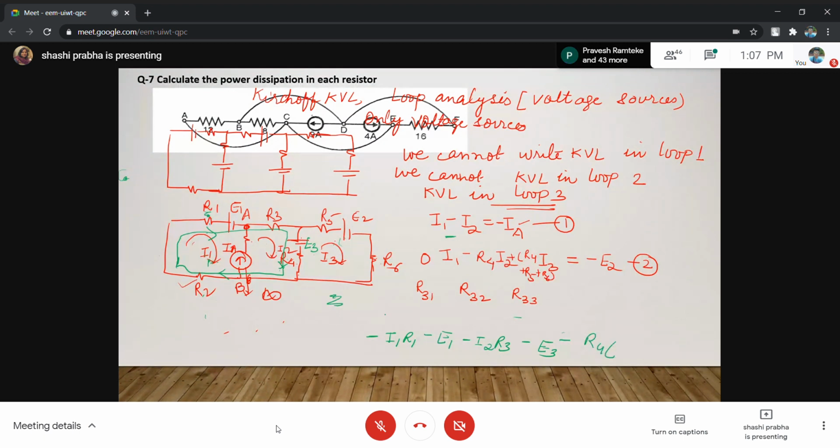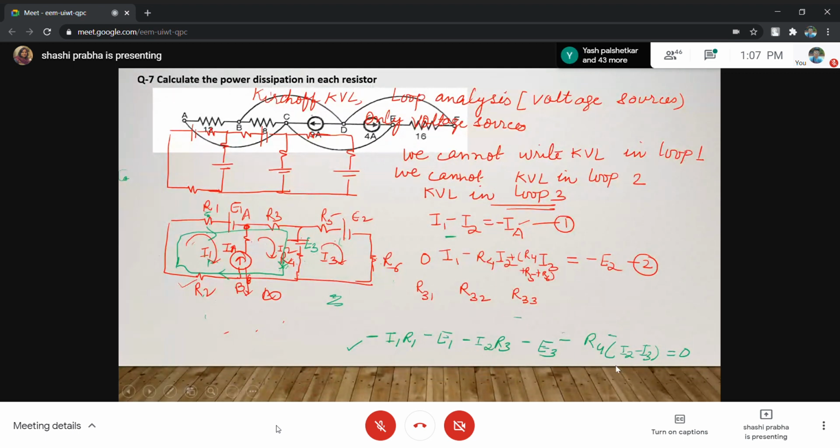And what is the current in this resistance R4? This is I2 minus I3 equal to 0. Please learn how to write this equation. This equation I have written as I1 R1 minus E1 minus I2 R3 minus E3 minus R4 times I2 minus I3 equal to 0.